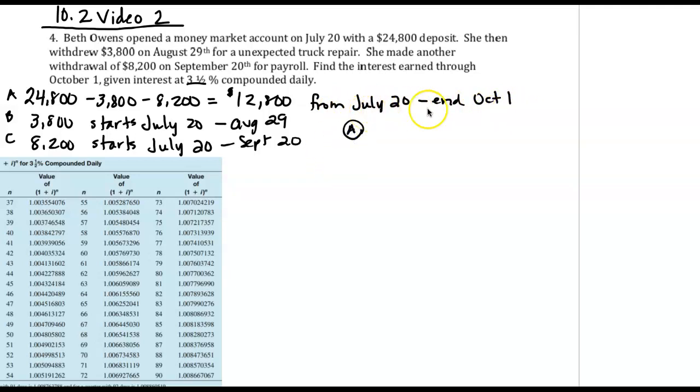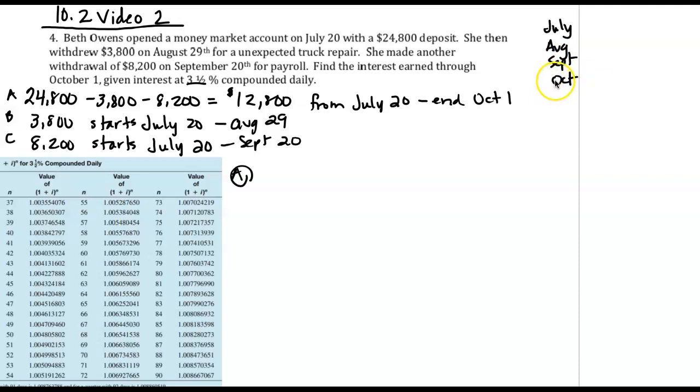We need to calculate how many days this would be. Over to the side, let me go ahead and calculate days. So July 20th to the end, we're going to need some of July, some of August, some of September, and some of October to calculate.